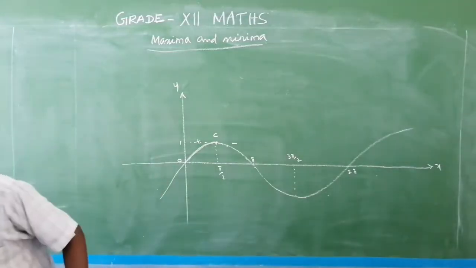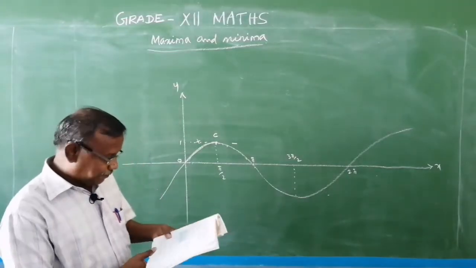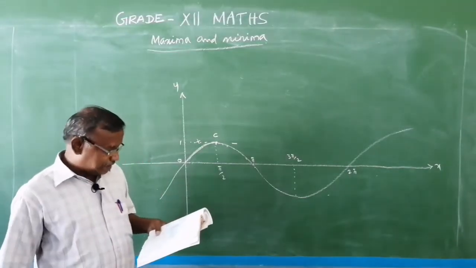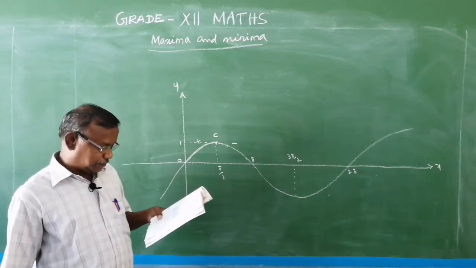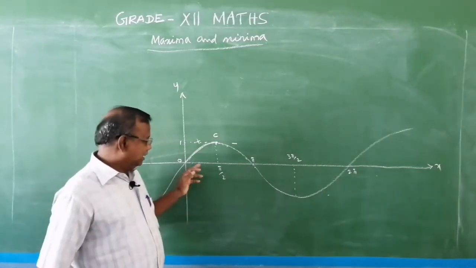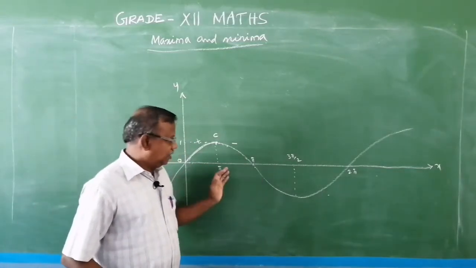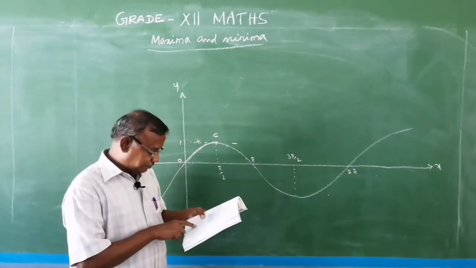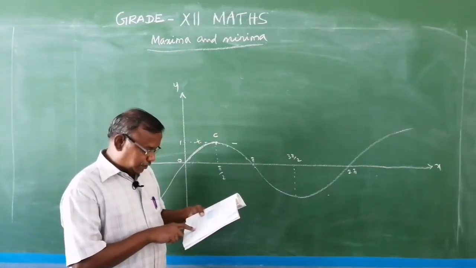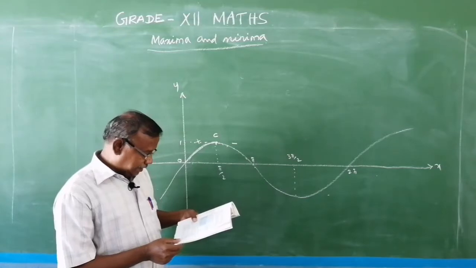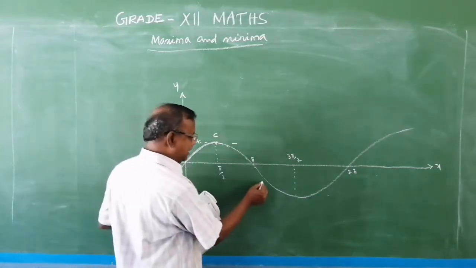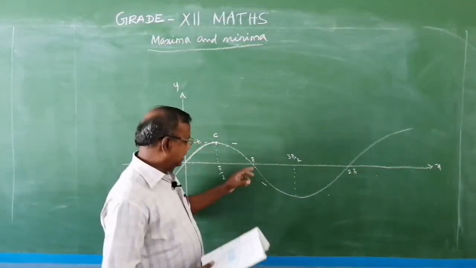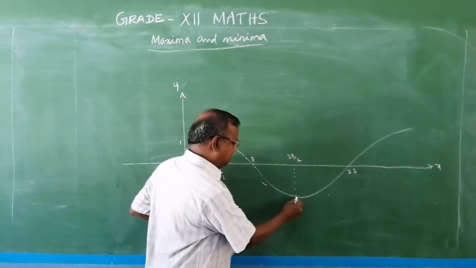Similarly, in the second point, if f dash of x changes sign from negative to positive as x increases through C, and f dash of x is negative, the slope is negative from pi to 3 pi by 2.